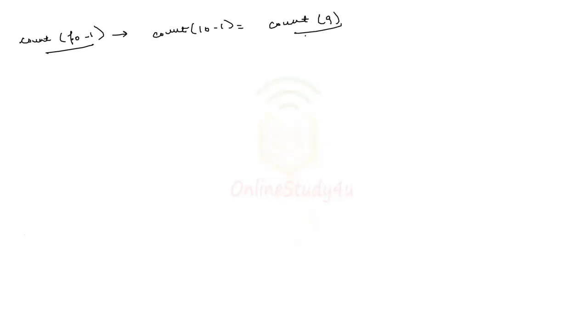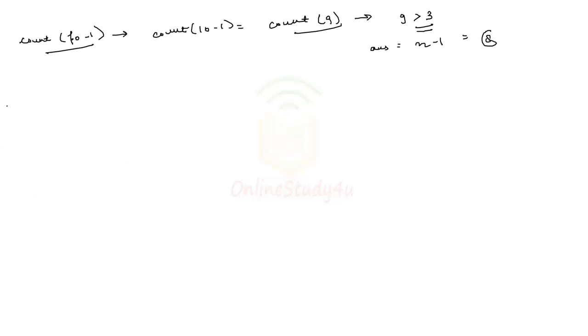Count is a function name that I am assuming. So count 9: 9 is also greater than 3, it lies between 3 and 9. So the answer will be n minus 1. N is 9, so it becomes 8. Now you have done two steps.